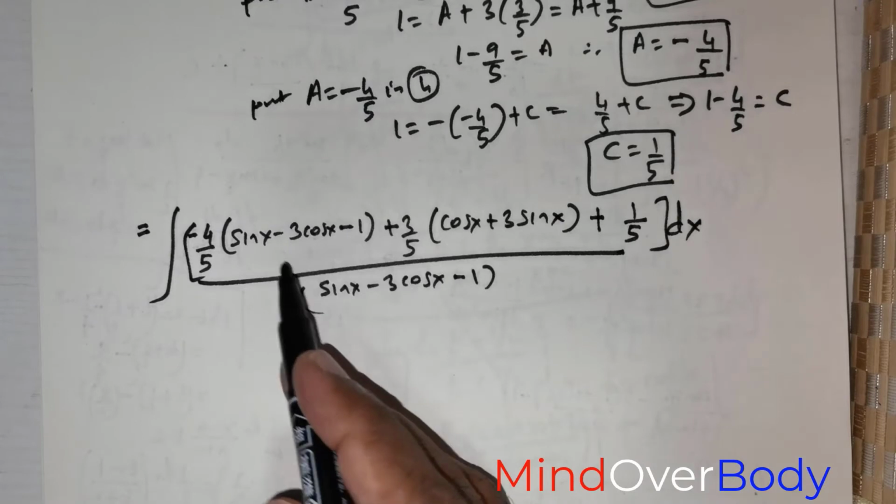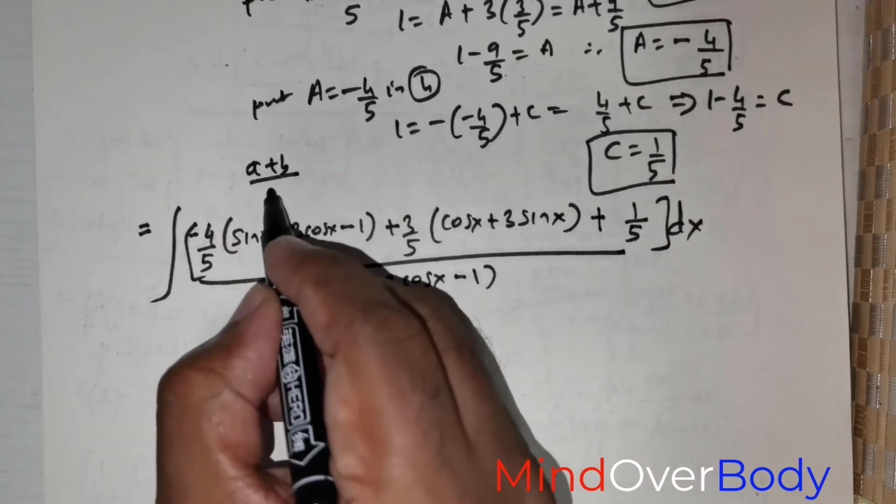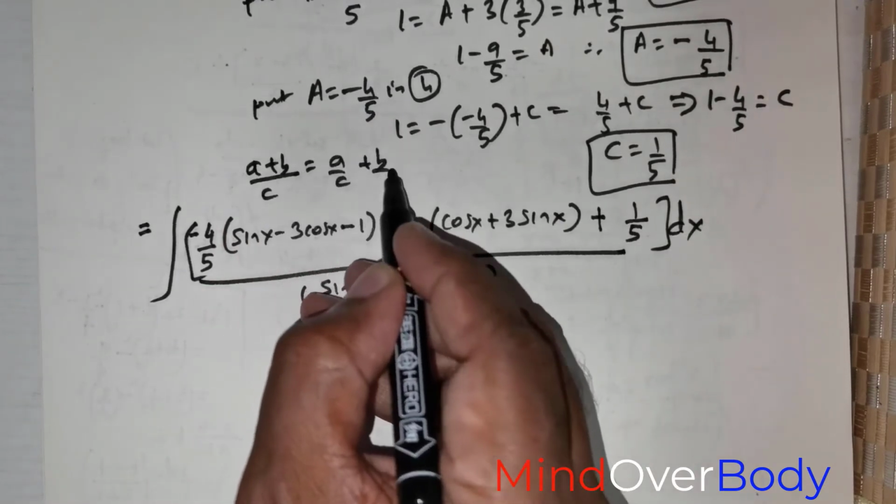Now I'm going to use the algebraic property: a positive b over c is a over c positive b over c.